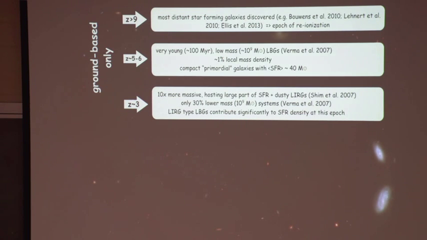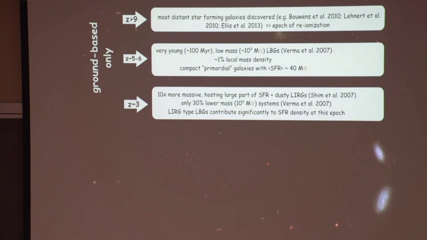Then we go a little bit closer to home, redshifts of 5 to 6, where we have very young objects, about 100 million years old. Masses are relatively low, only 10 to the 9 solar masses. They make up about 1% of the local mass density.